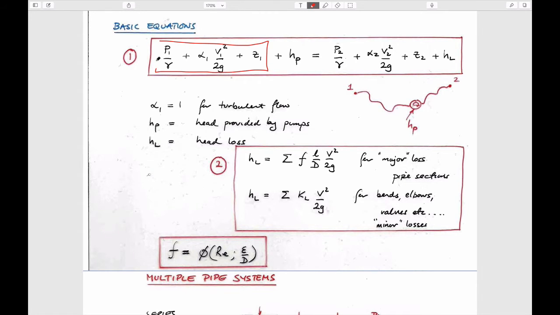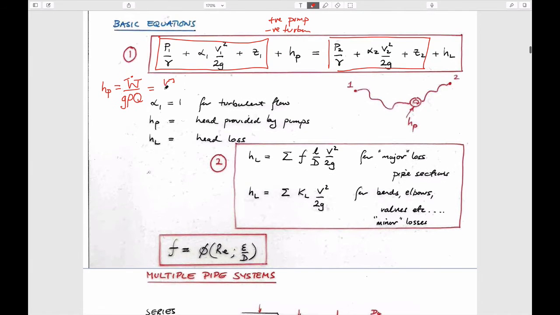upstream, always, downstream, always. The pump head is on the upstream side of the equation and is positive if a pump and negative if a turbine. It's also related to the power of the pump: the pump head is equal to the power of the pump in watts divided by gravity times density times volumetric flow rate.